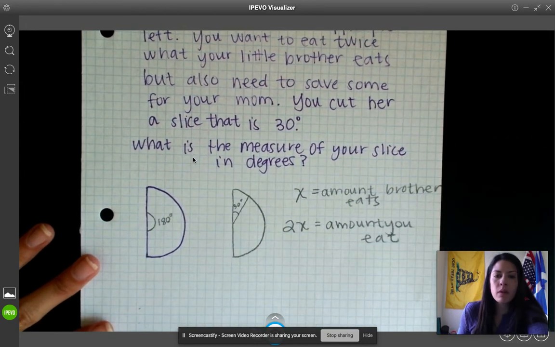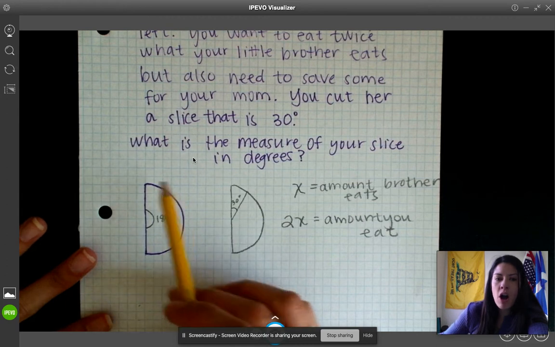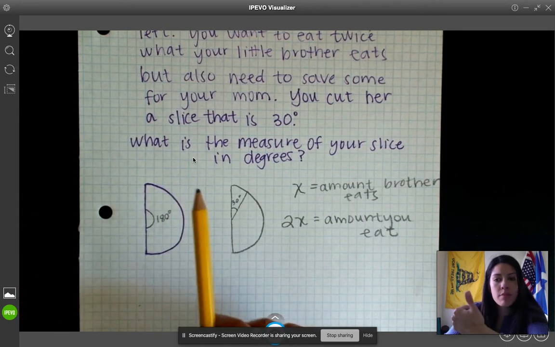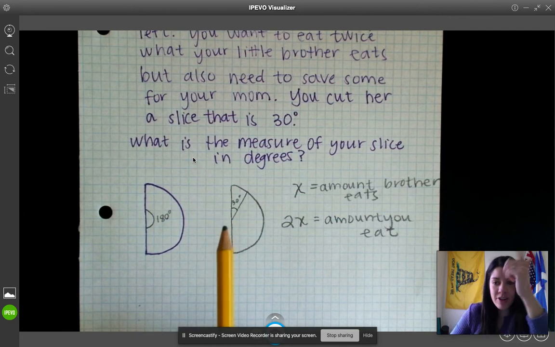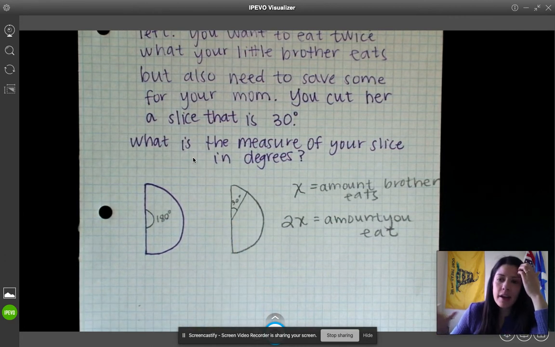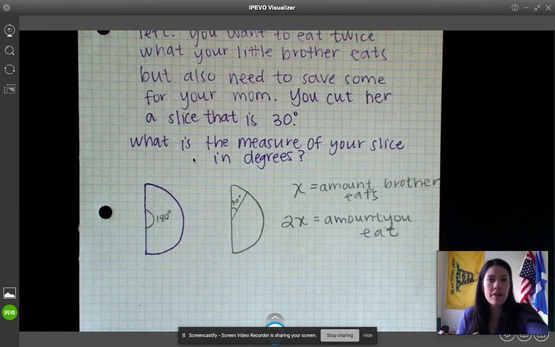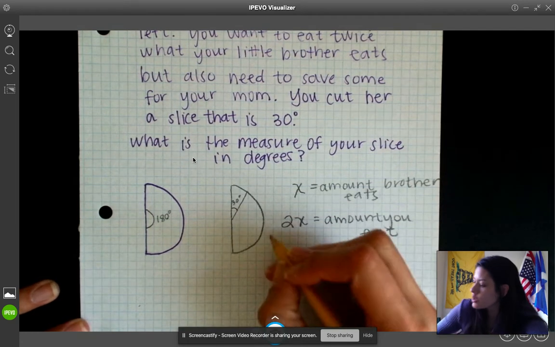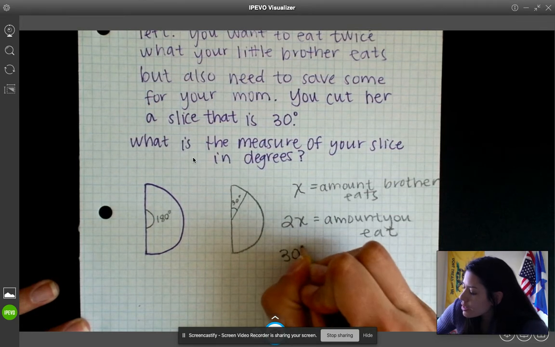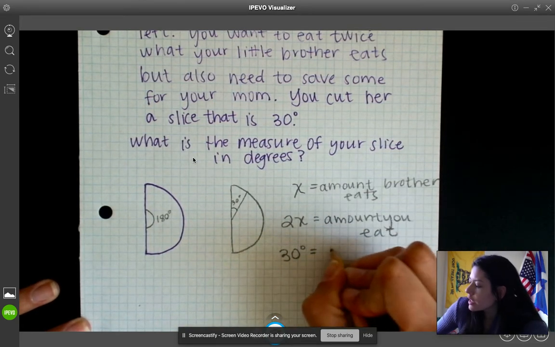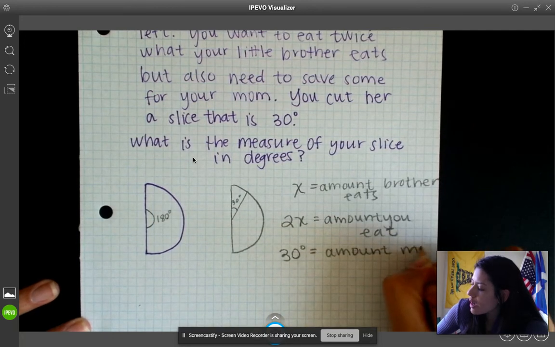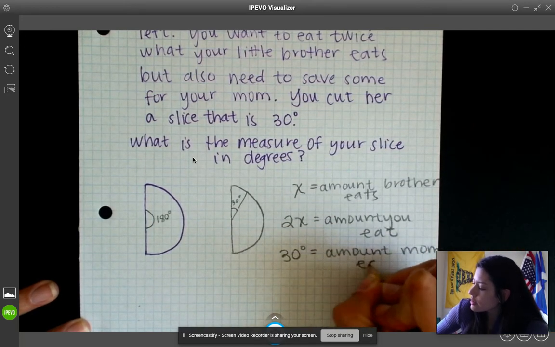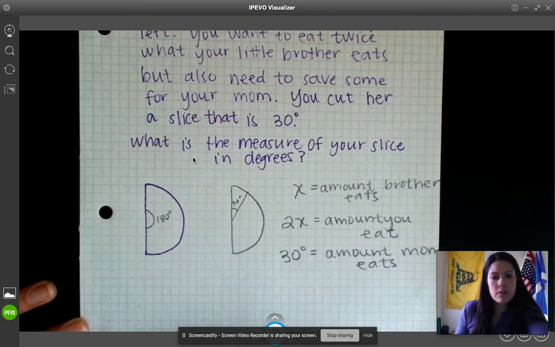So if all of what your mom, your brother, and you eat is 180 degrees, then adding all of those portions together, we can set that equal to 180 degrees. I'm going to write down here also that 30 degrees is the amount that mom eats, just so we have a key.